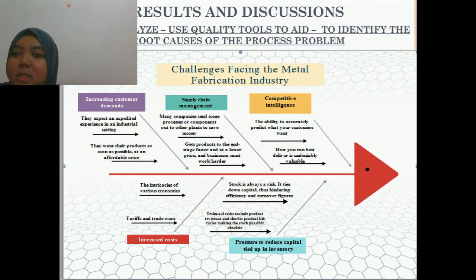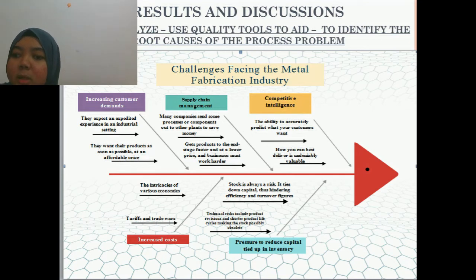And the third is competitive intelligence, which is the ability to accurately predict what your customer wants. How you can best deliver is undeniably valuable. Measure to reduce capital tied up in inventory.